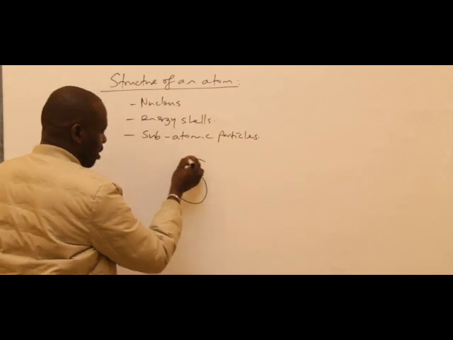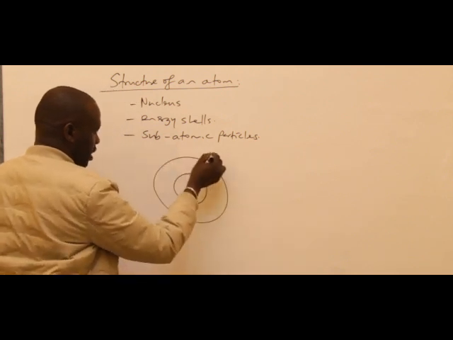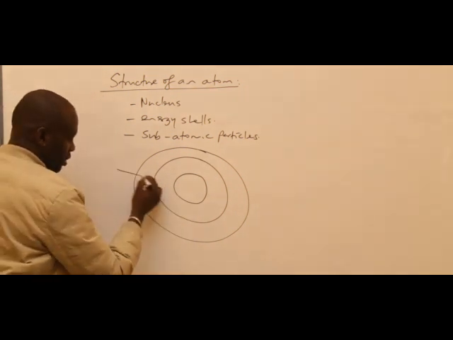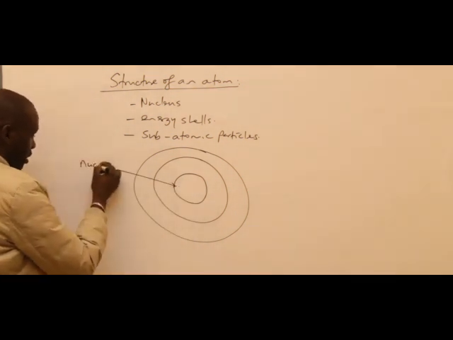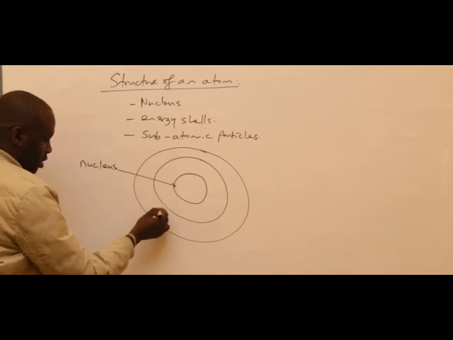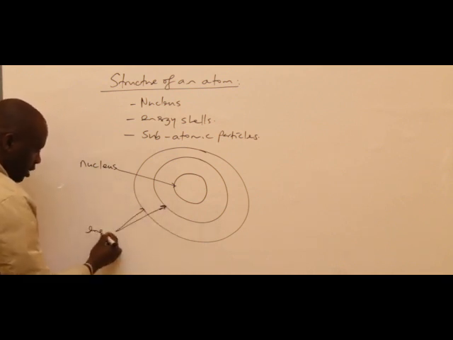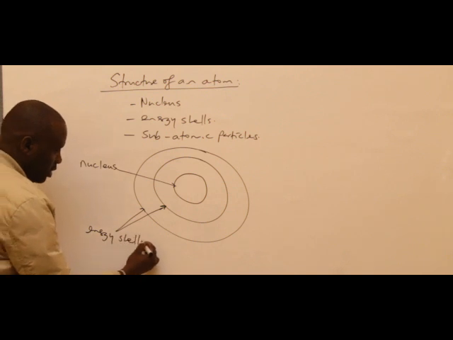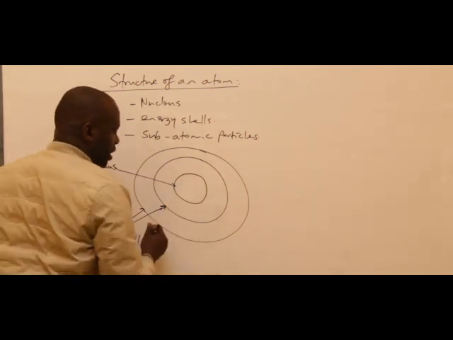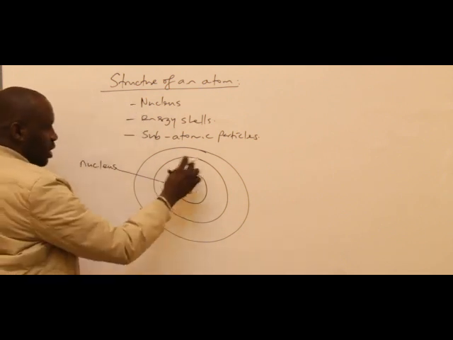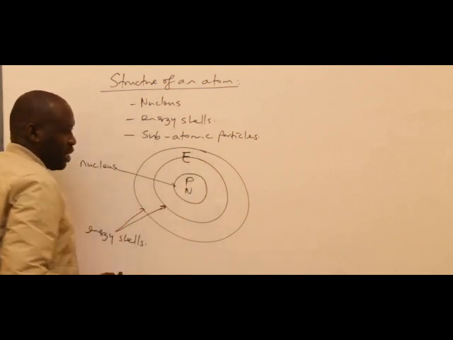In an atom, we will have a nucleus. The nucleus is surrounded by the energy shells or energy levels, where the electrons are orbiting. Inside the nucleus, we find protons and neutrons. And in the energy shells, we have electrons which are orbiting.